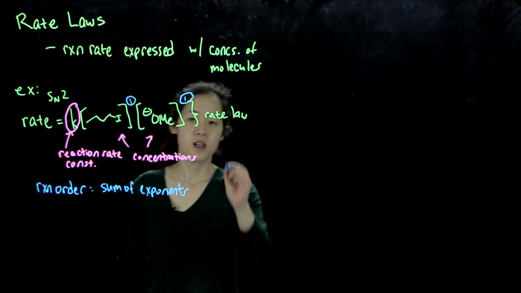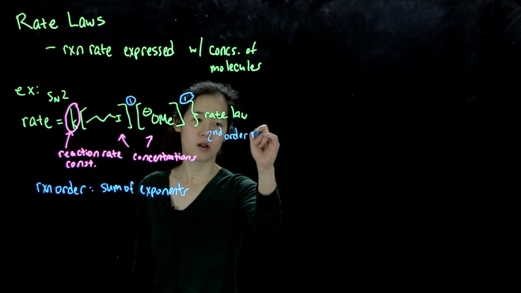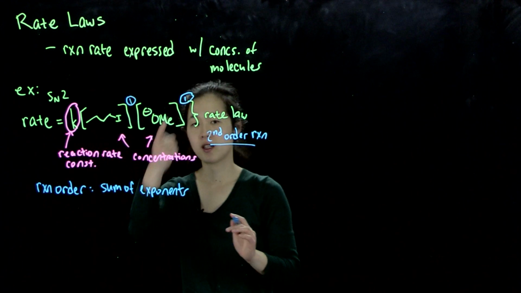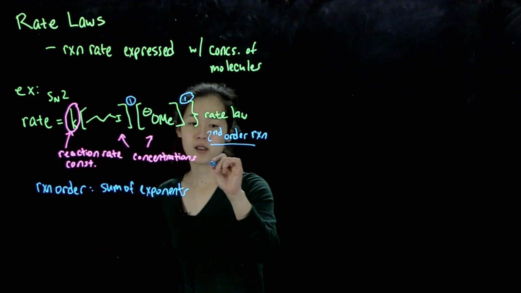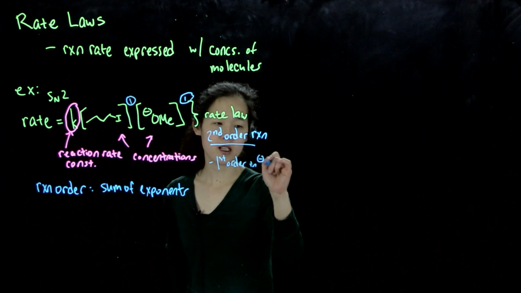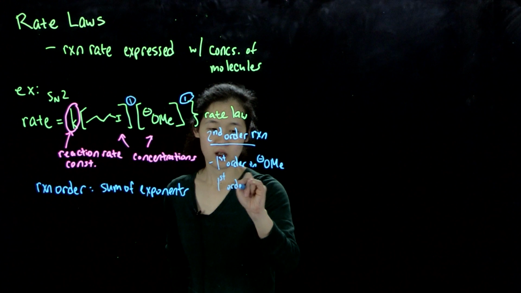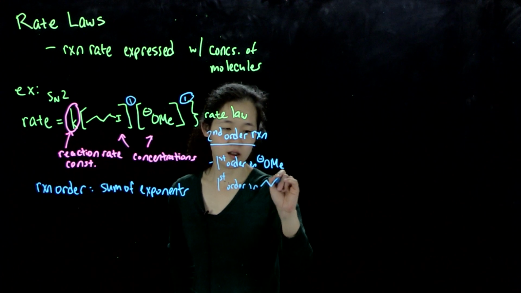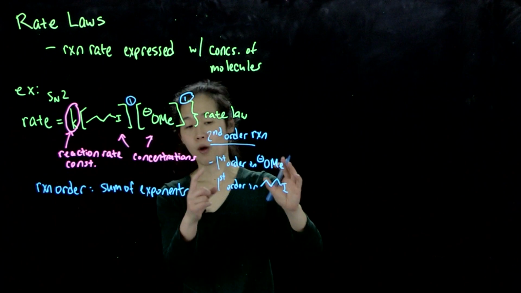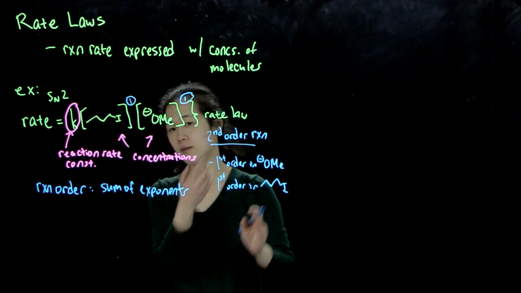So this is what's called a second order reaction. It is second order overall because there are two things, both with exponent 1. But you could also say that this is first order in methoxide or first order in butyl iodide because the exponents of both of these are 1. Overall, because both reagents are involved in our rate law, this is second order overall.